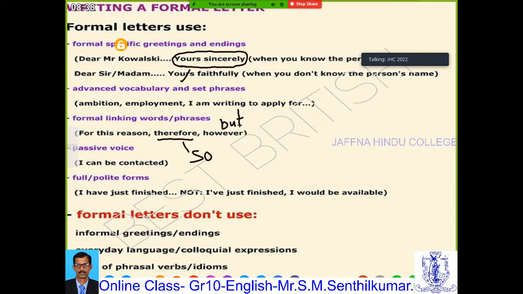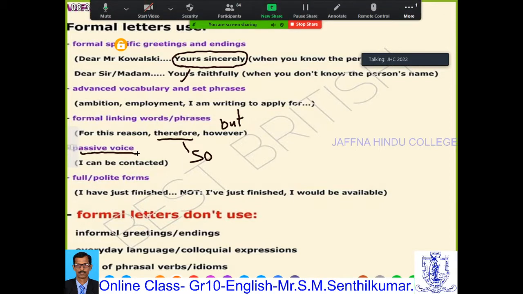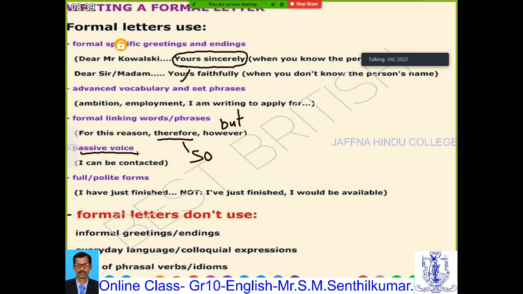Next, I am talking about the structure mostly used in formal letter writing. Most of the structure is passive form. You know active and passive. For example, the principal requests all the students to attend the school on that day is informal language.